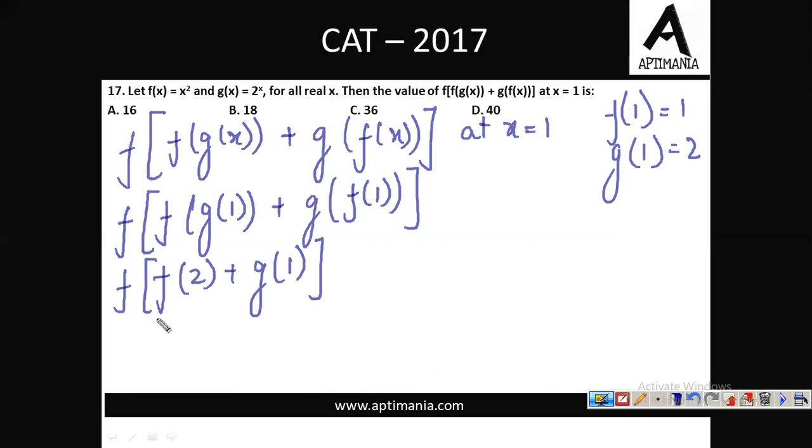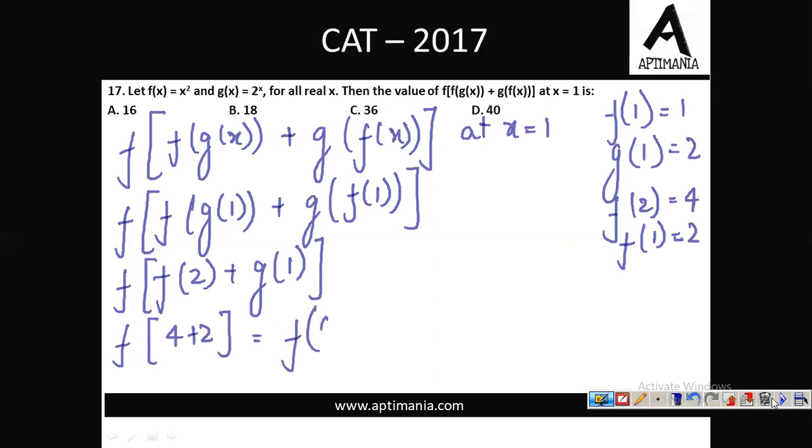Again, f(2) according to the formula should be equal to 2 square, which is 4, and g(1) according to the formula, 2 to the power x, equals 2 again, right? So this should be equal to f of 4 plus 2, which is f of 6. According to the concept f(x) equals x square, f(6) should be equal to 6 square, which is 36, which is the correct answer. So for question number 17, the correct answer is option C, that is 36.